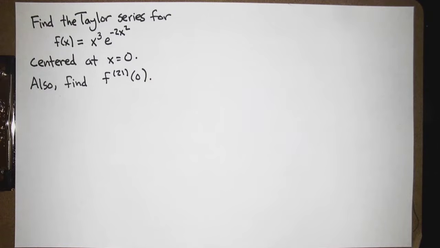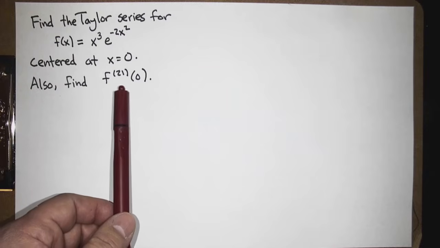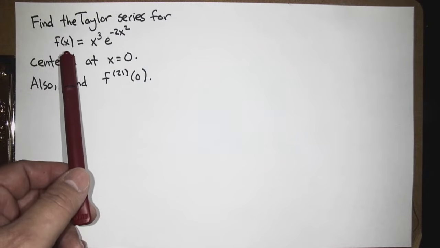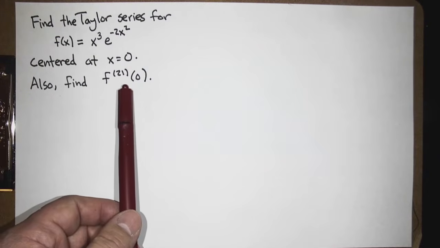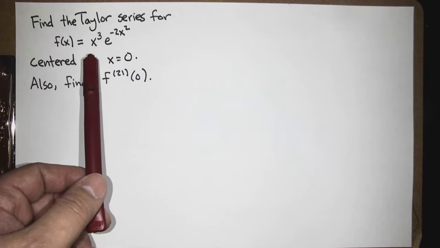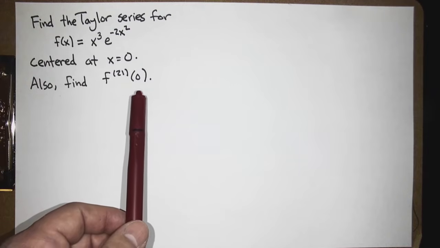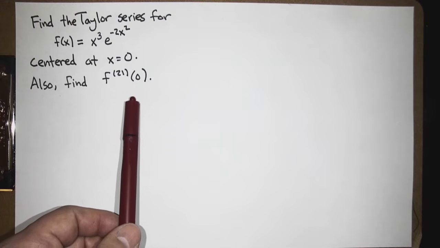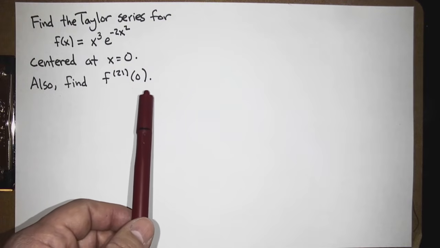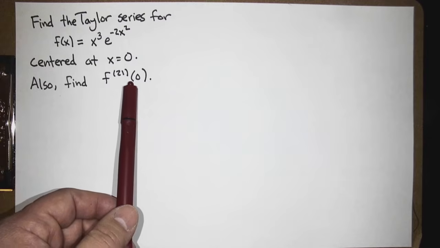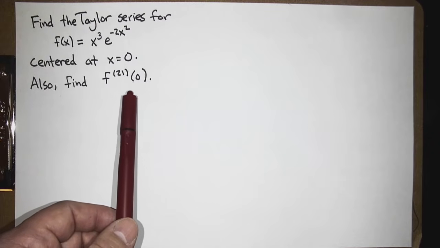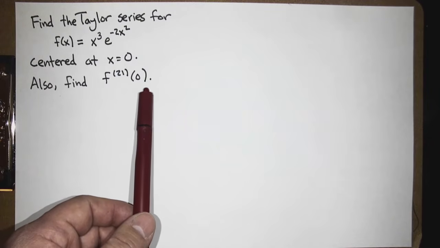So, let's think about the second part. What's one way we could do part B here? Because there's really two parts: find the Taylor series, find the 21st derivative. Do we have to have the Taylor series to find the 21st derivative at 0? No, you don't. But you'd have to take 21 derivatives.